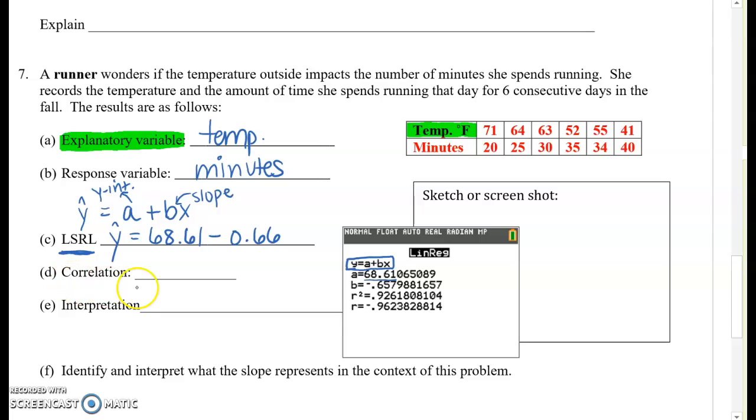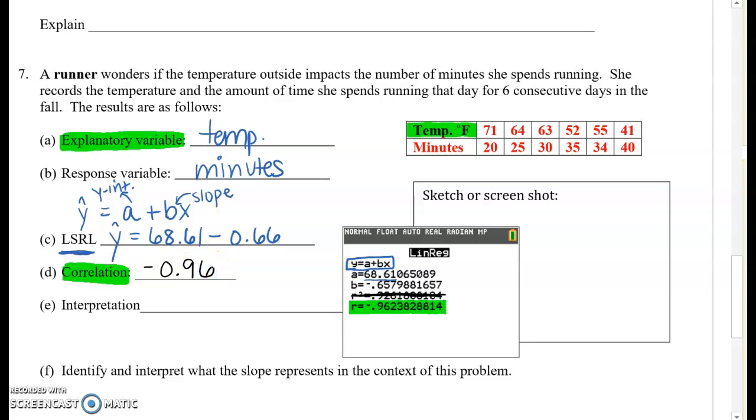My correlation is your r value. So your correlation is your r value that determines the strength of your relationship. So this we are never going to be using in this class. So you can ignore that. You want the r value for your correlation. And that one will be rounded to 2 decimal places as well. So negative 0.96.